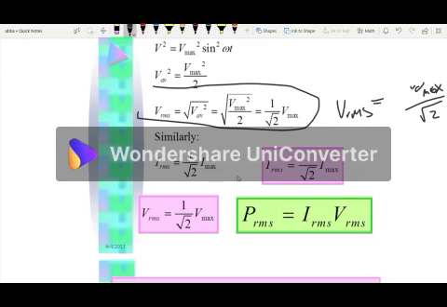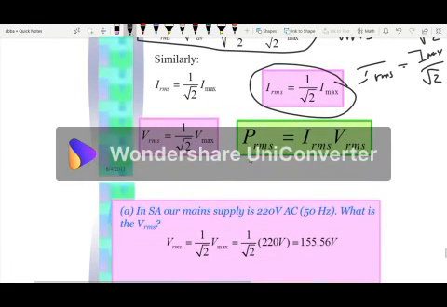And also the IRMS, which is equal to the Imax over the root of 2. These are the two formulas that you need to know. And also notice that your PRMS is going to be equal to your IRMS times VRMS.